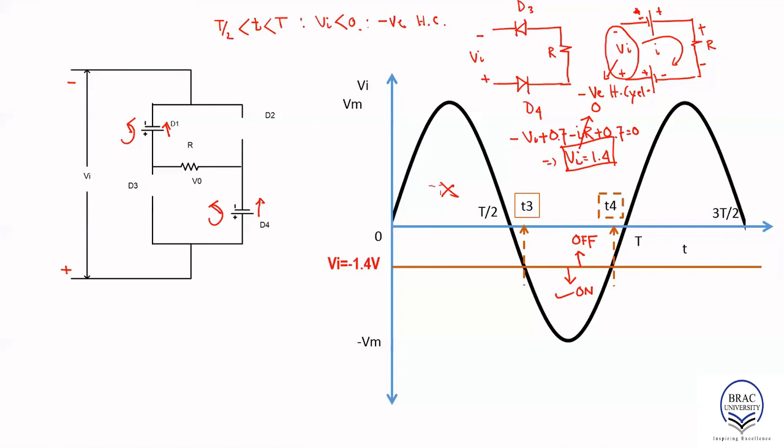And then, this line intersects the signal here and here. So the time corresponding to this value is T3 and the time corresponding to this value is T4. So mathematically we can write, first of all, VI greater than or equal to minus 1.4. So any value above this line, minus 1.4, greater than minus 1.4, this value, the diode is off.